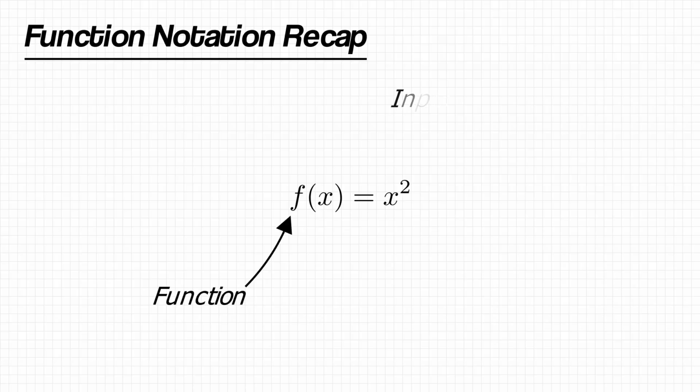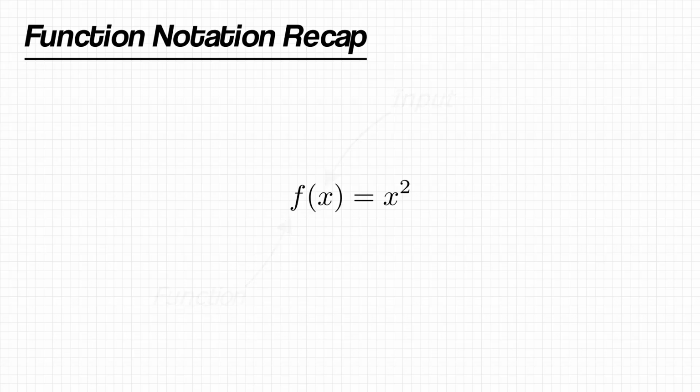Before we apply our new formula, let's recap the basics of function notation. Consider the basic function f of x equals x squared. In this notation, f denotes the function and x the input.